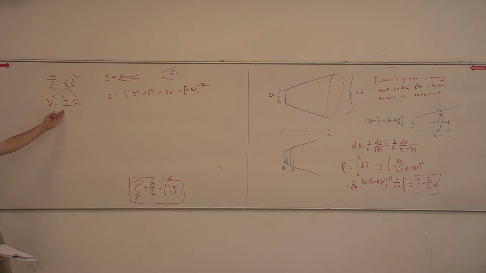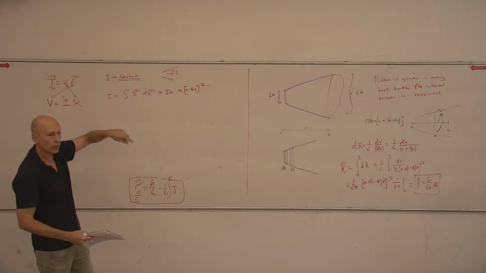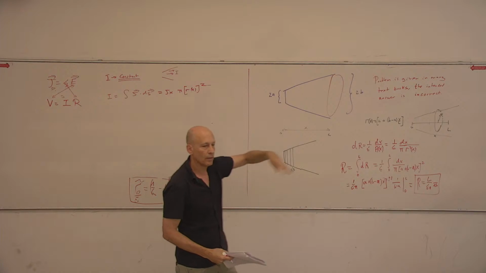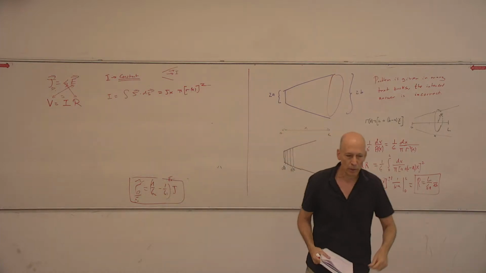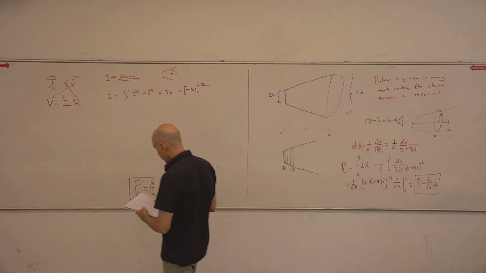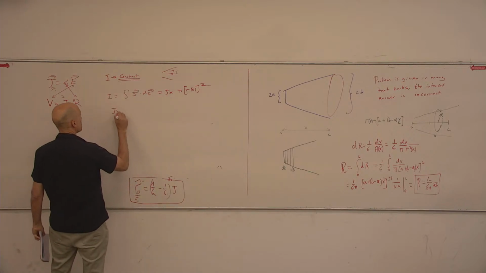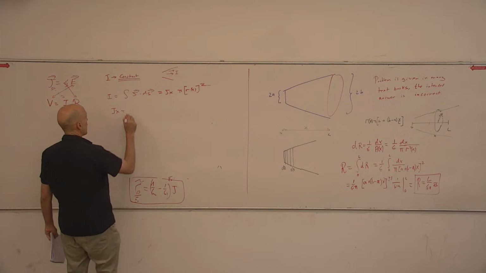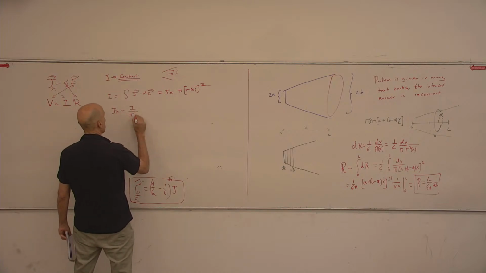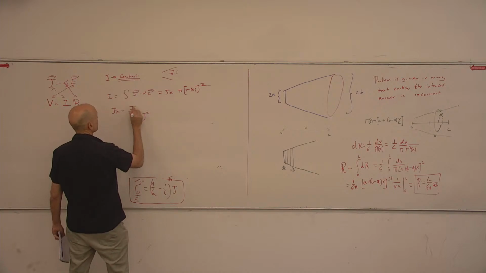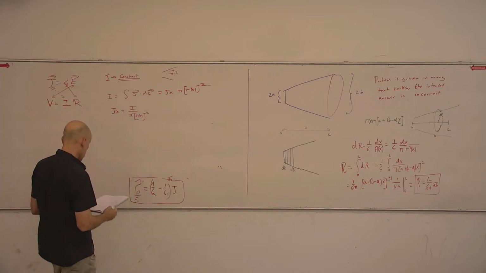This is hidden in this equation because there's only one current here. There are no local currents that depend on x and y, right? We threw that away. That is actually one of the problems. But let us say the current is constant, so we know Jx is I over pi r x squared. I just put it on the other side.